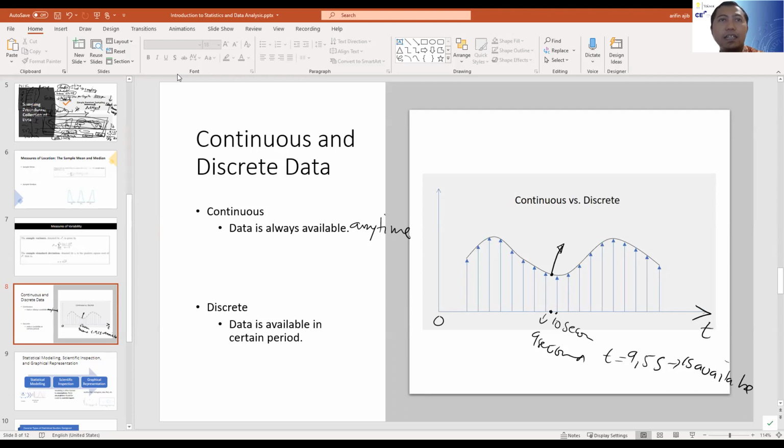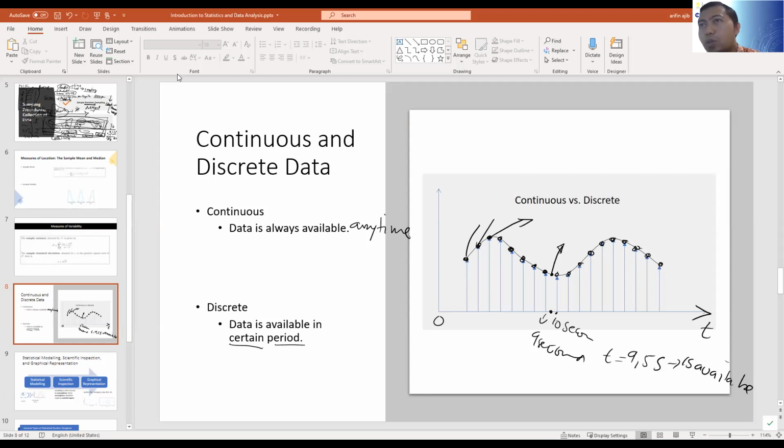Compared to discrete, discrete data means that data is available in certain periods, but not anytime. You can see after discretization. I don't know whether this word is available or not, but anyway, you can see here after discretization, after the sampling, you only have the data at this point, this point, this point, this point.